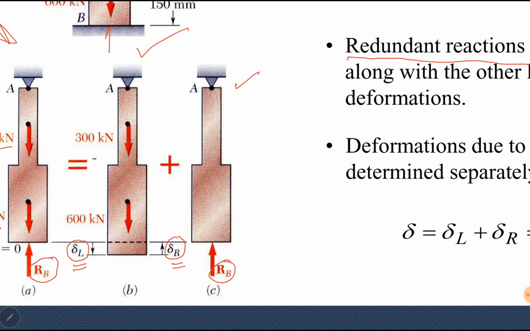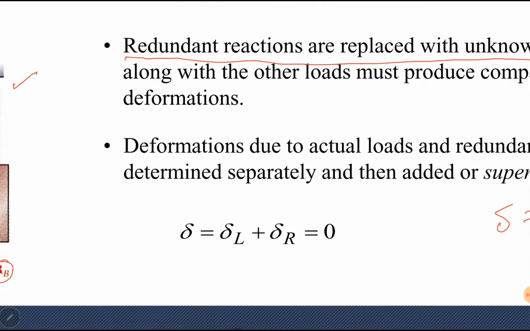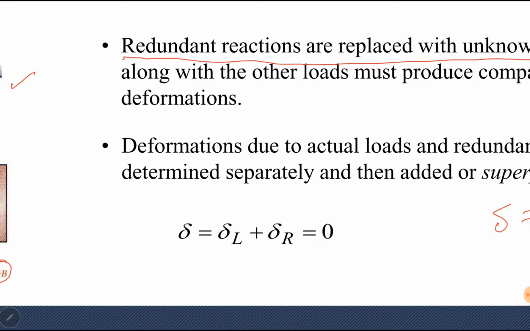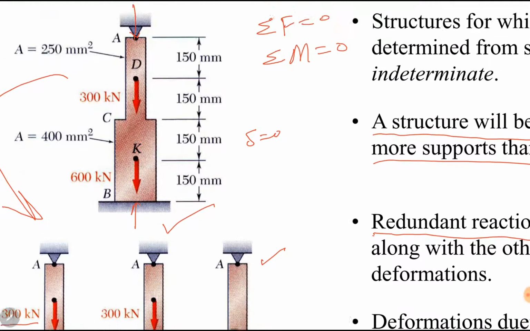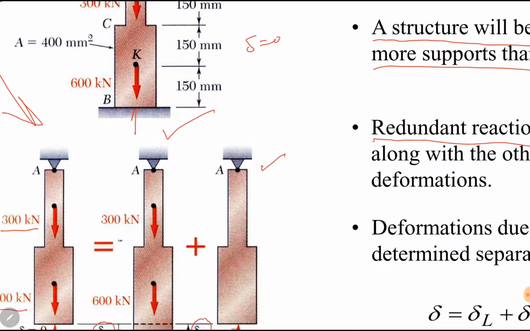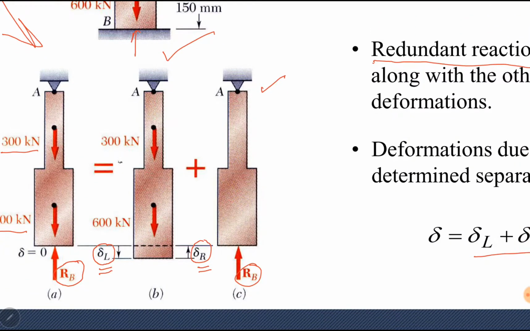After finding the two deltas, their sum will be equal to 0 because the net change in this bar is 0. So the applied forces are producing tension, and the reaction at B is producing compression. It can be vice versa. A reaction can produce tension and the applied forces can produce compression. It depends upon the given loading.